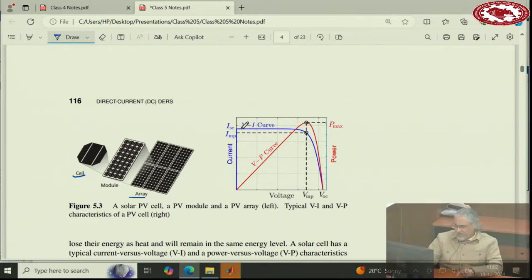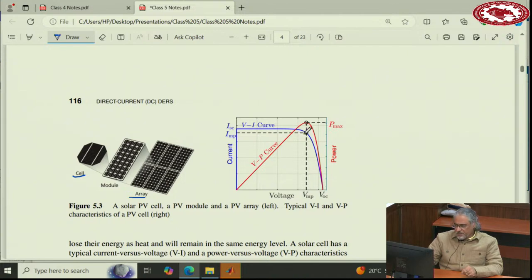It's pretty much flat when the voltage is small, and then sharply drops to 0 when the voltage increases beyond some point. If you multiply this by the current, you will get this characteristic here, this red one, which is the power. It starts at 0, goes all the way to a peak value, and then goes back to 0, because here voltage is 0, and here current is 0.